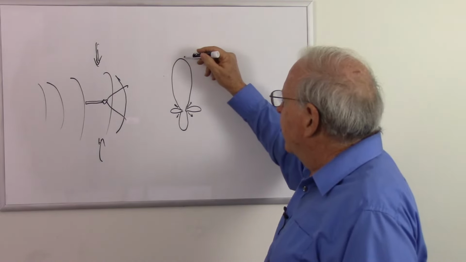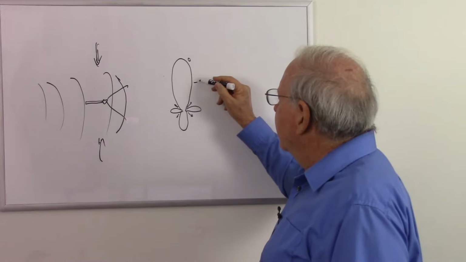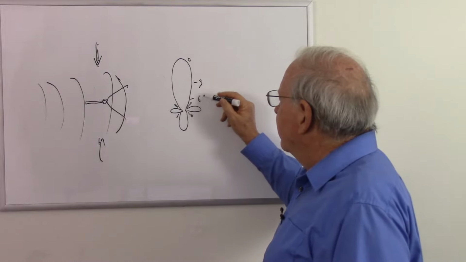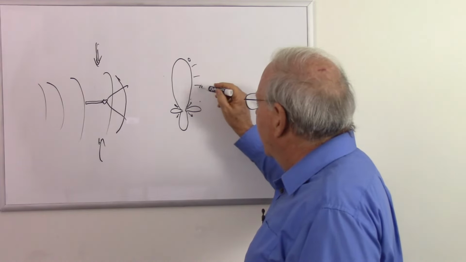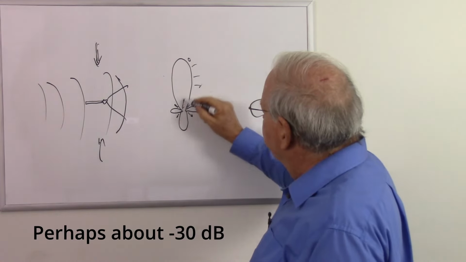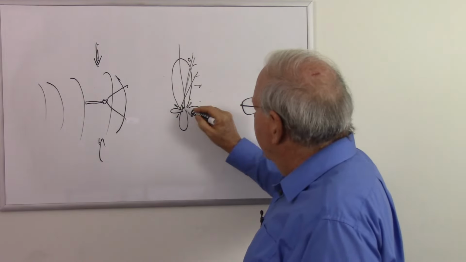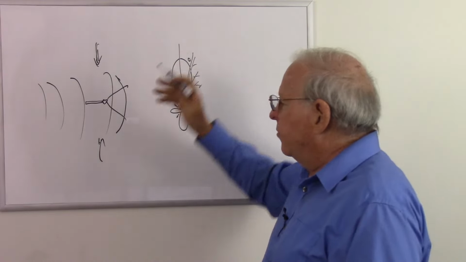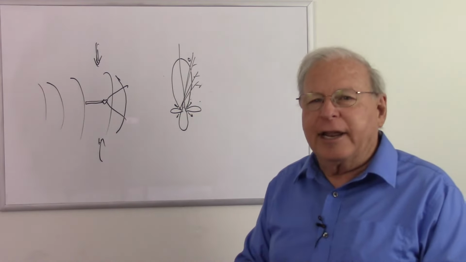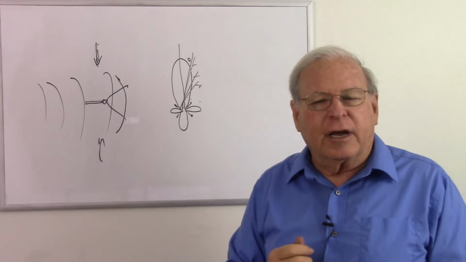Let's make this a little more drastic: 3 dB, 6, 9. So whichever direction we're pointed, we're at 0 dB, 3 dB down, 6 dB down, 9 dB down, and so we get a drastic drop in sensitivity as we point away from the object we're looking at. So those are different types of directional microphones and how they might be used.